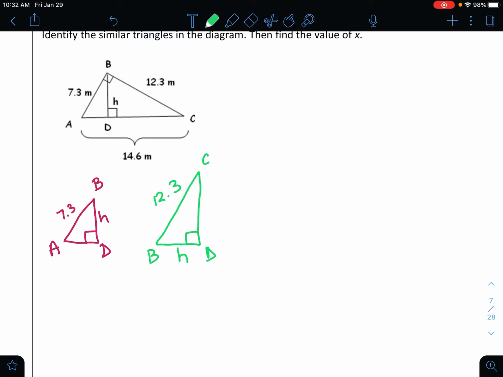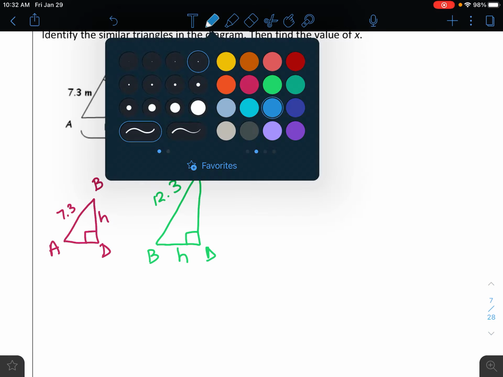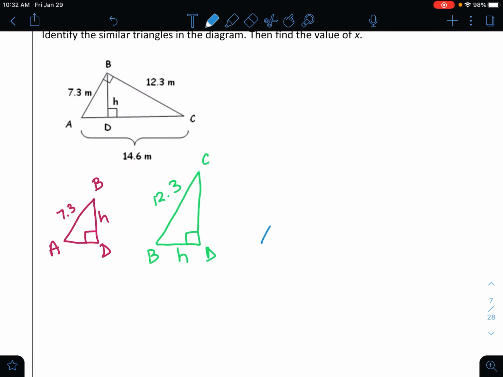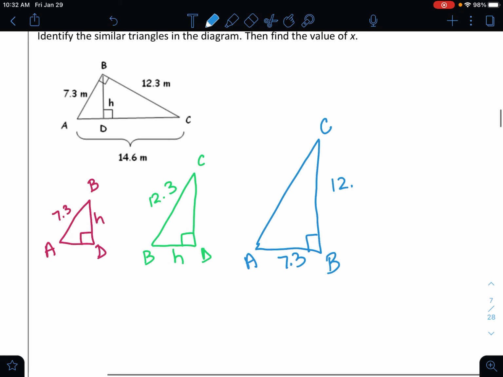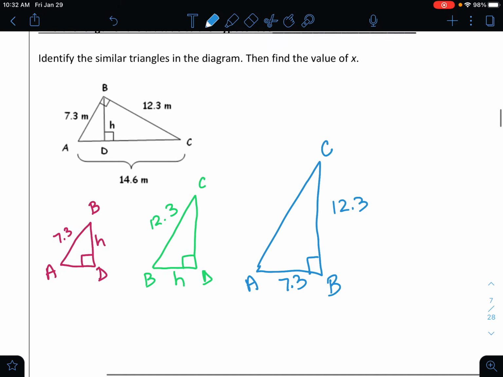I also know the hypotenuse is 12.3, so I can add 12.3. I don't know CD. Now let's take the largest triangle. Right angle here, that's B. C would be up here, and then A. I know that AB is 7.3 and BC is 12.3.